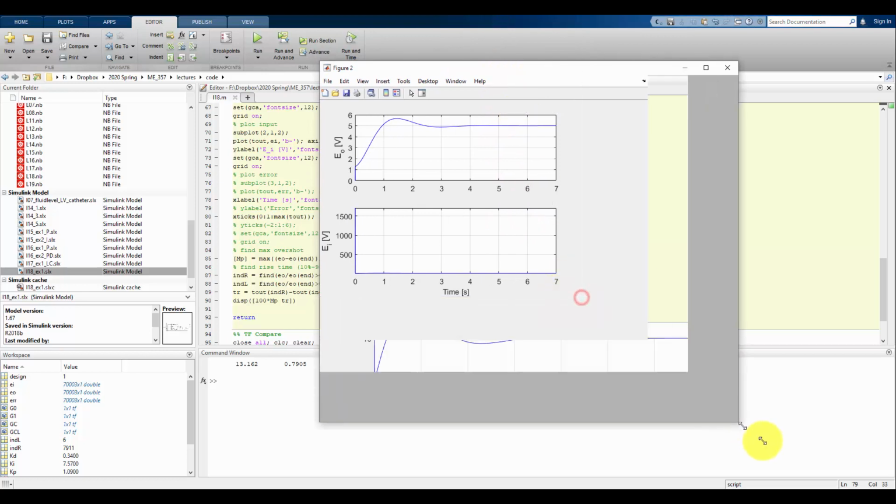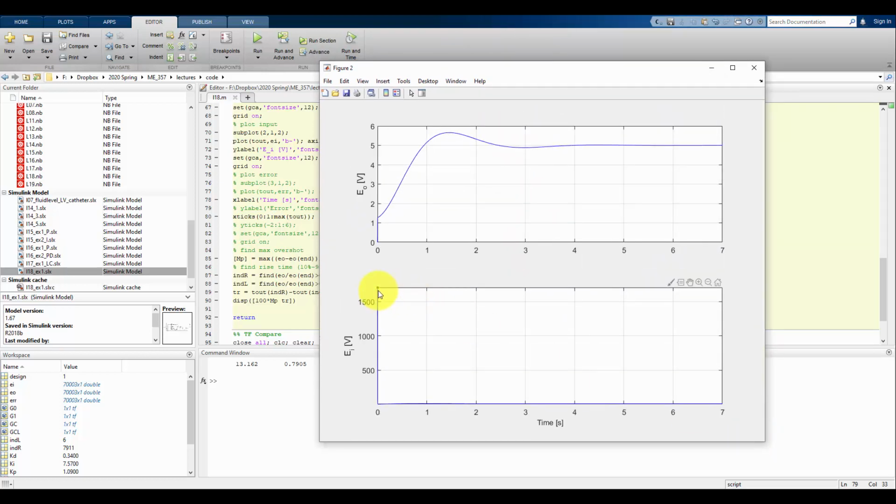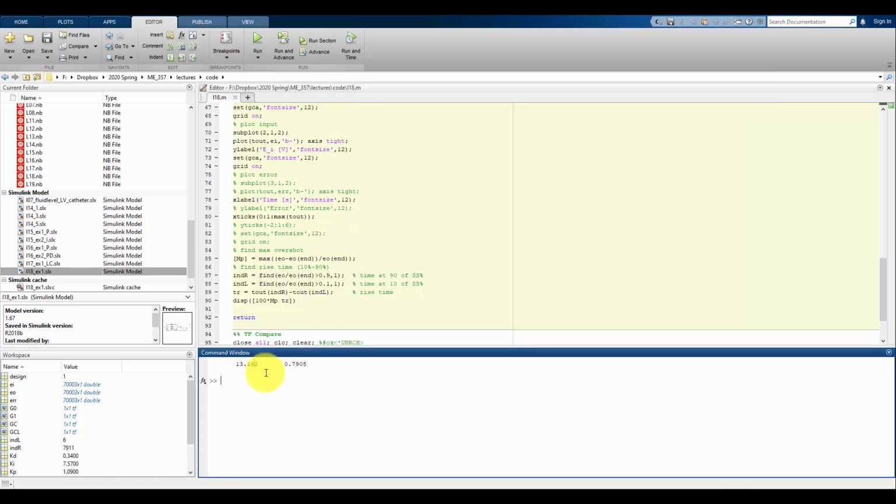So the input goes up to that maximum that we're calling for, and then relatively becomes very small. And we see that the output is also looking pretty different. And our calculations, if we could provide that instantaneous 20,000, or here it's asking for about 2,000 volts at the input, then our max overshoot is 13.2%, and our peak time is 0.79.